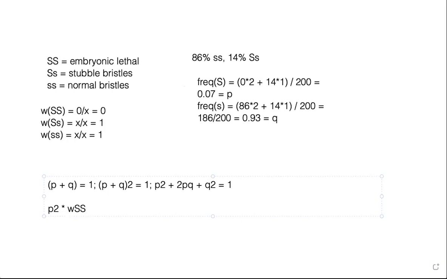P squared is what the frequency of big S flies would be if there were no selection. P squared times W big S is the frequency of big S flies since there is selection going on.